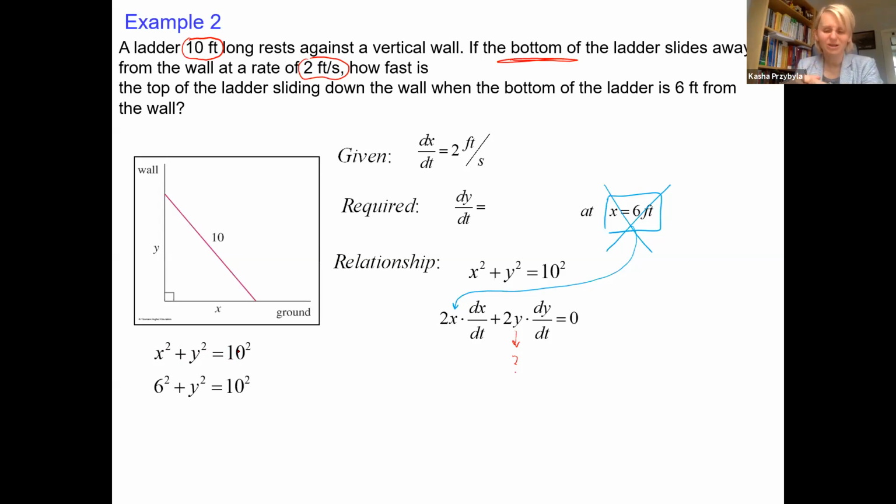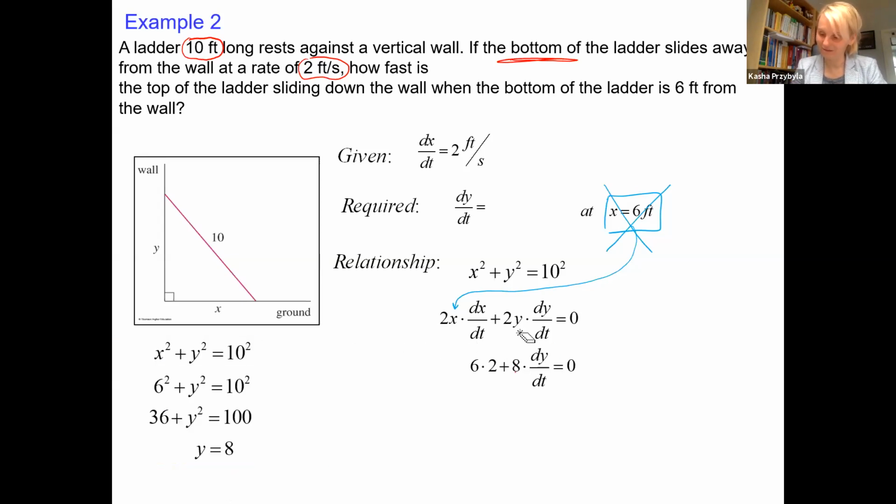What is y? Can you solve it for me? 100 minus 64... am I giving you the answer? 100 minus 36 is equal to 64, and the square root of 64 is 8. Thank you. Now we do have 8.